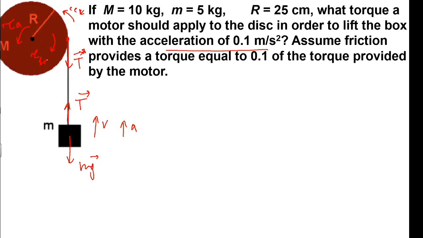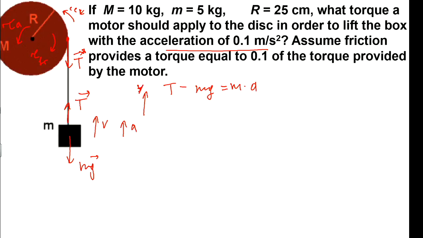Now we just have to follow the rules. Counterclockwise means positive, clockwise means negative, up means positive, down means negative. So, tension minus force of gravity acting on the box equals mass of the box times acceleration. Now there's no minus for acceleration, it points up.